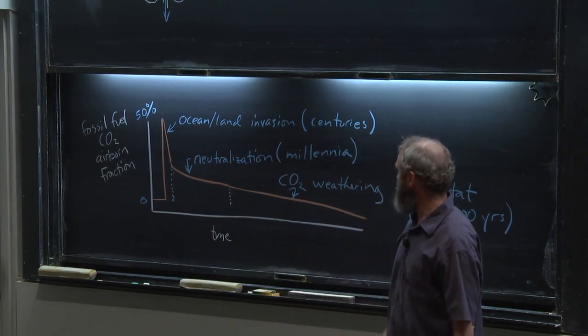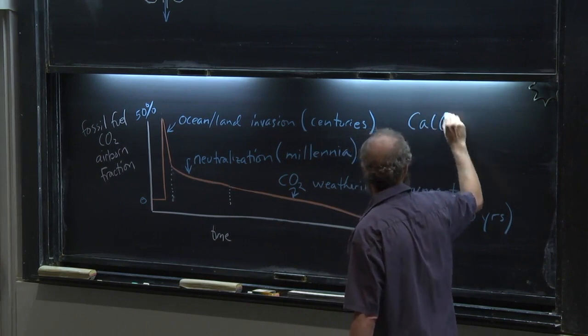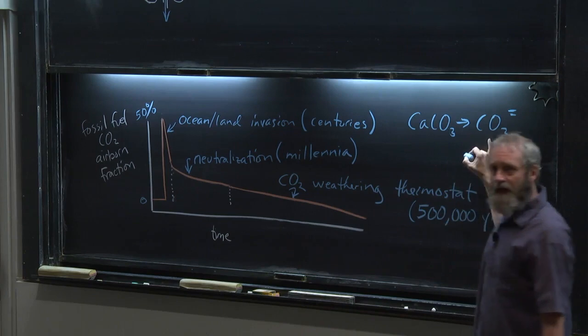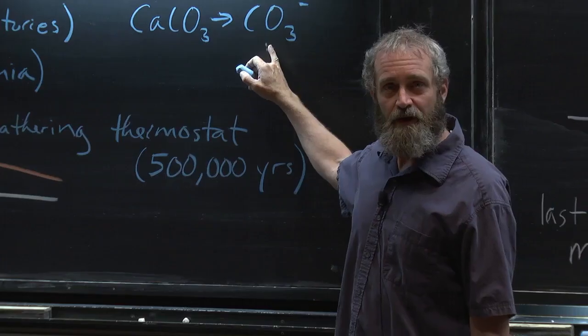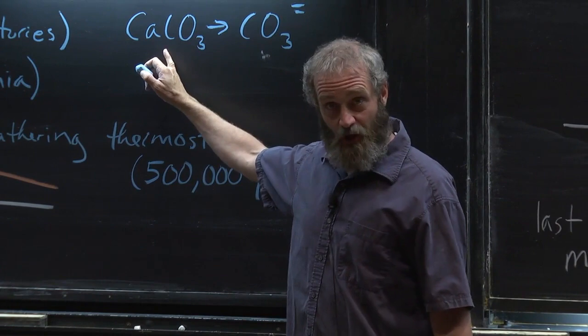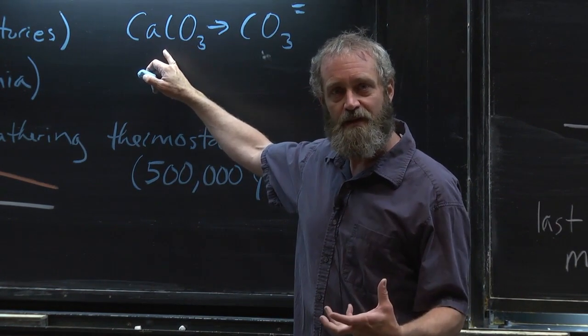The next stage is when calcium carbonate dissolves to make carbonate ion, which essentially replenishes the carbonate ion stock in the ocean. So this is a neutralization stage. This is calcium carbonate is like Tums, and it's neutralizing the acid of the CO2.